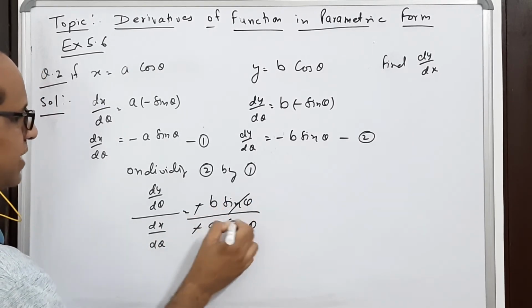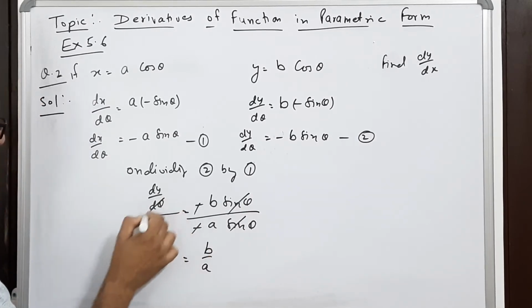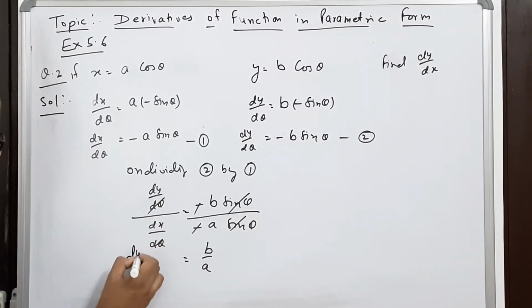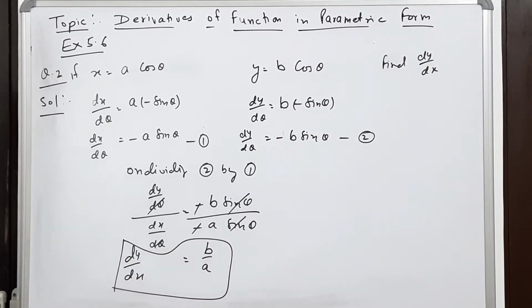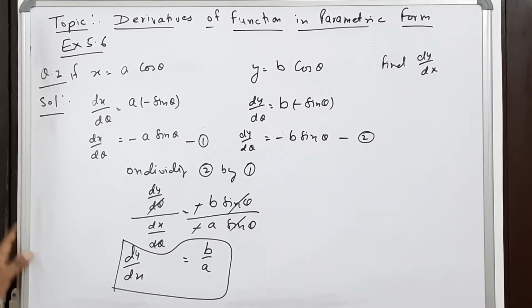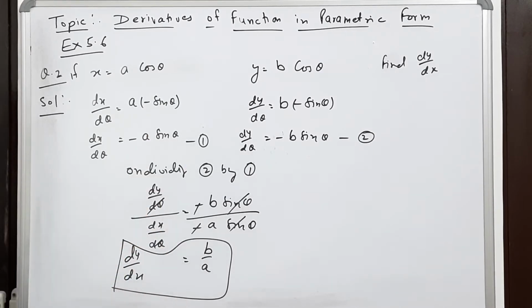The minus cancels and sine cancels, and indirectly theta cancels, I must say. So what is the value of dy by dx? The value of dy by dx is b upon a. In this way we find the derivative of a function if it is given in the parametric form.